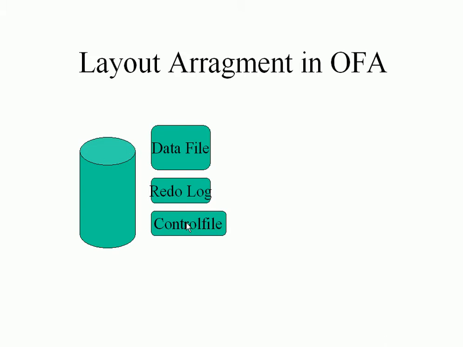The reason is, if there's a crash in one hard disk, you still can recover because the control file exists in a different hard disk. So this layout arrangement is all decided through Oracle flexible architecture.